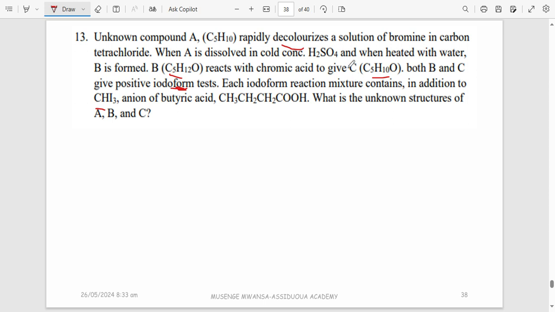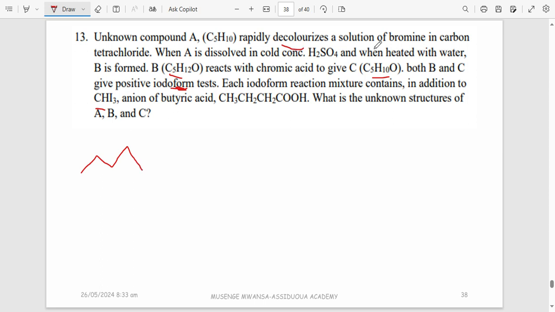Let's start with the last statement. Okay, we can start from the beginning. Unknown compound A. You can see this compound only has 5 carbons and doesn't have any oxygen. So it is 1, 2, 3, 4, 5.